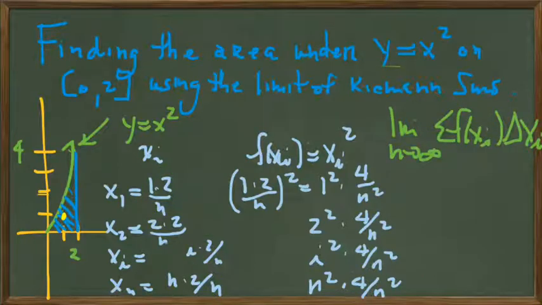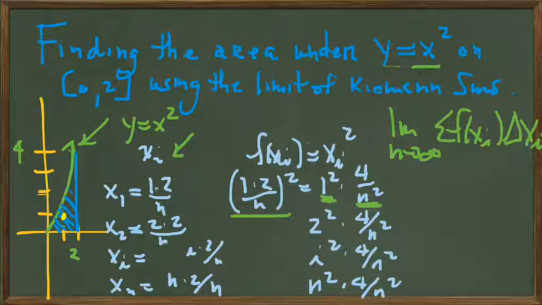If we plug these x values into our function, which is x squared, we're just squaring the x sub i value. So we square 1 times 2 over n. That's the same as squaring the 1, so that's 1 squared, and squaring the 2 over n, 4 over n squared.